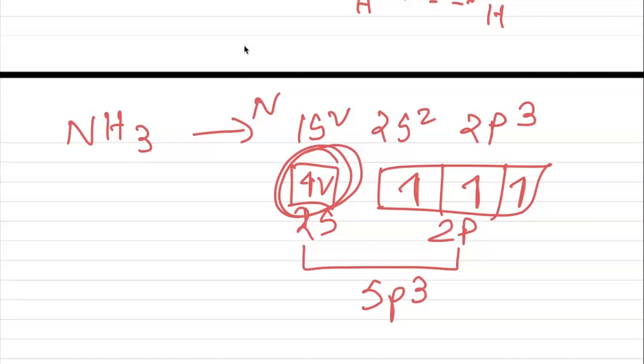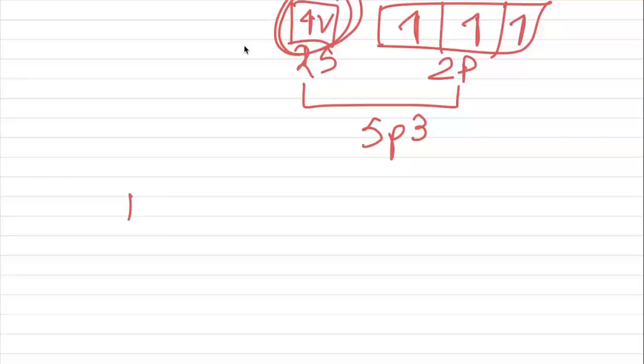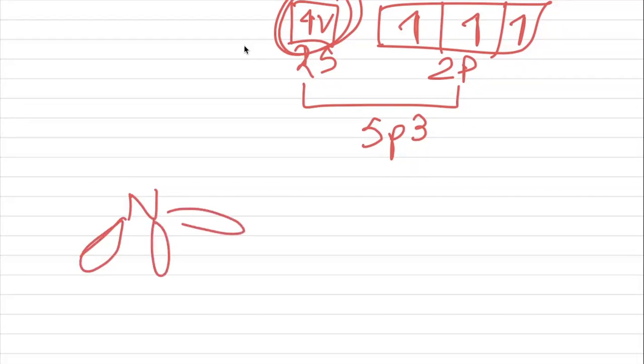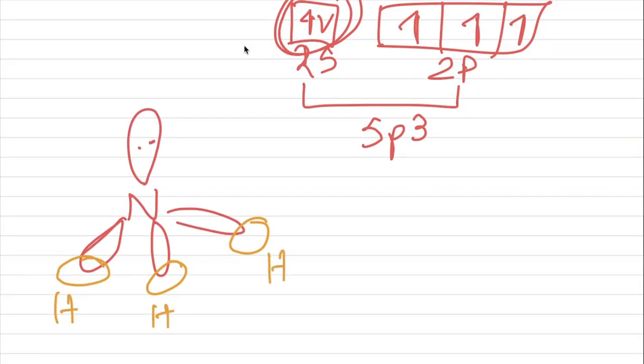So how will nitrogen form the structure? This lone pair will not bond with anyone, and the other hybridized orbitals will form bonds with hydrogen, and it forms a bond like this.